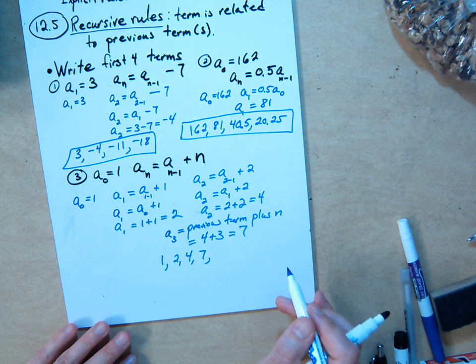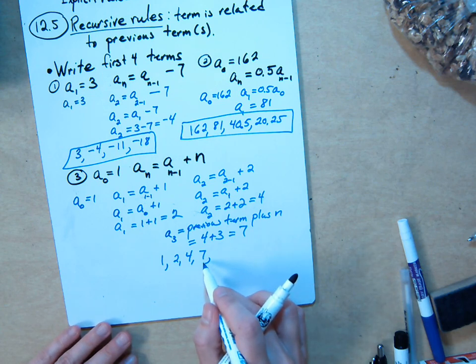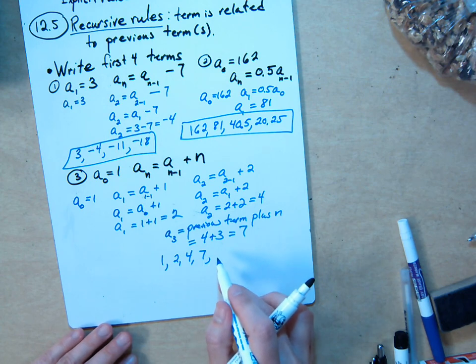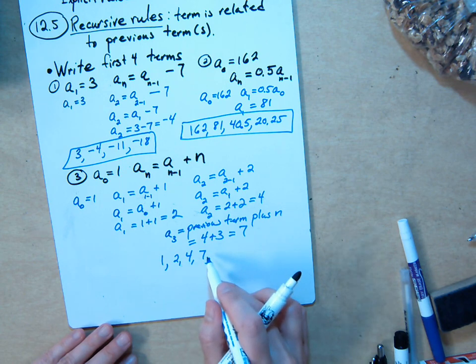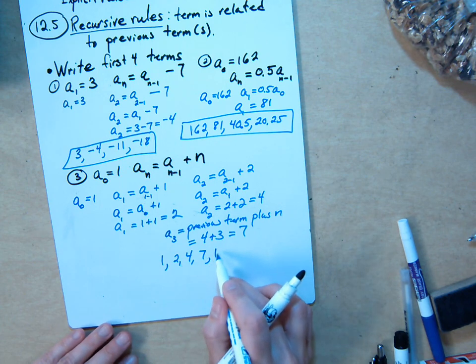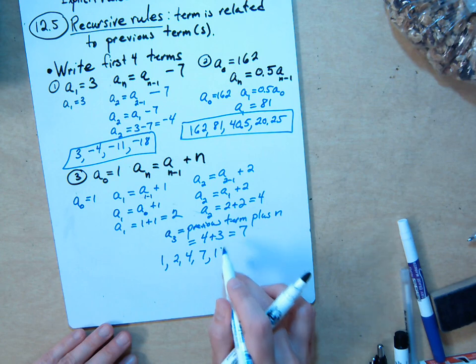Let's write the fifth term. So the fifth term is previous term plus 5, which is 12, right? Good. Okay, hang on.